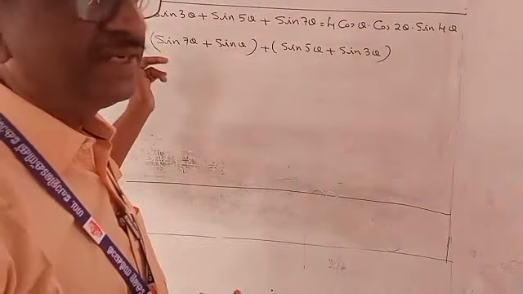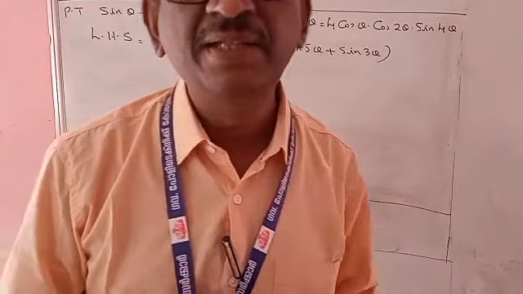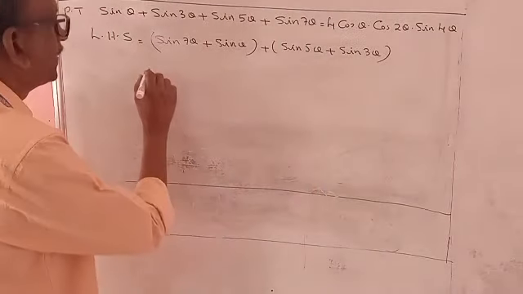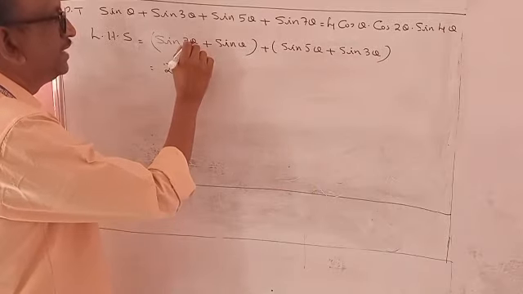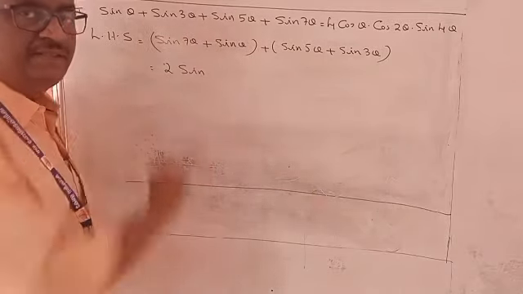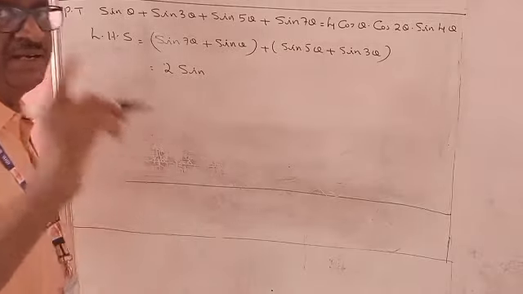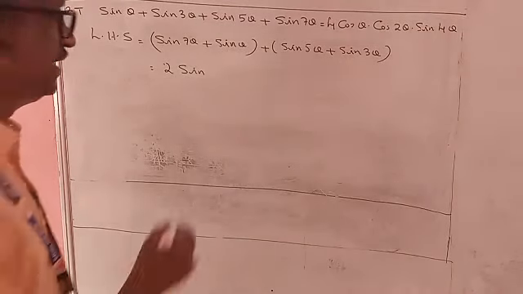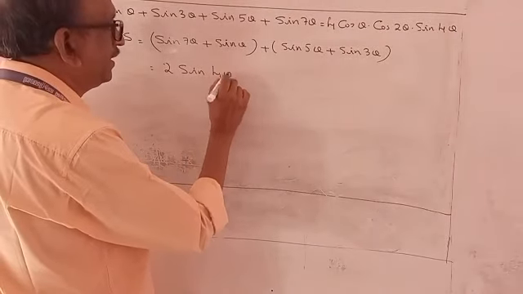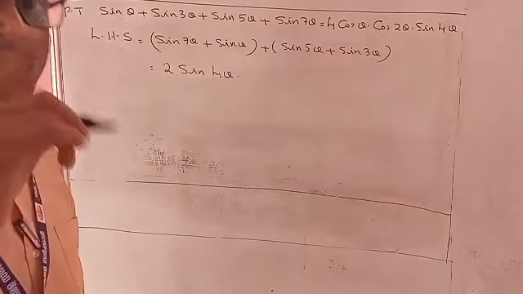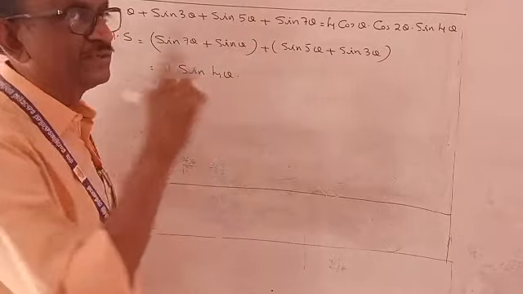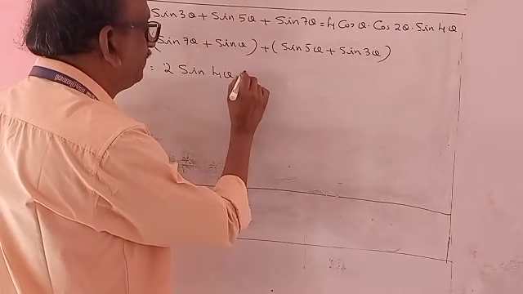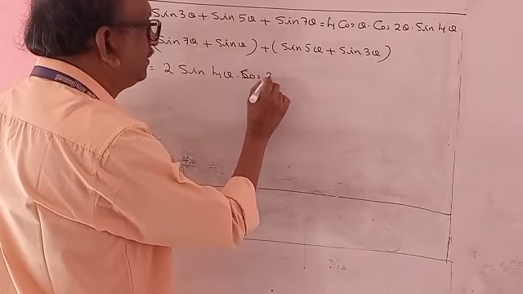Here the first bracket is sine c plus sine d. Apply the product rule. This is 2 sine (c plus d)/2: c is 7 theta, d is theta, 7 theta plus theta is 8 theta, 8 theta by 2 is 4 theta, 2 sine 4 theta into cos (c minus d)/2, (7 theta minus theta)/2, 6 theta by 2 is 3 theta, cos 3 theta.